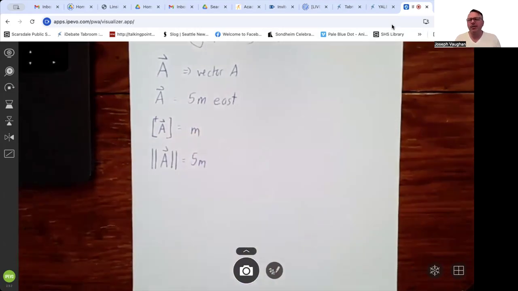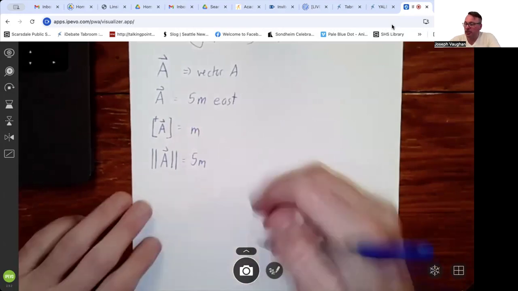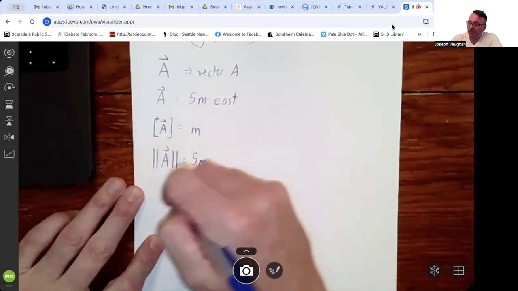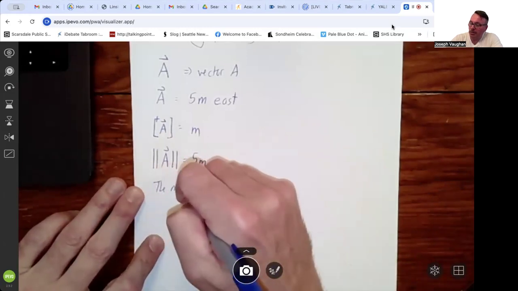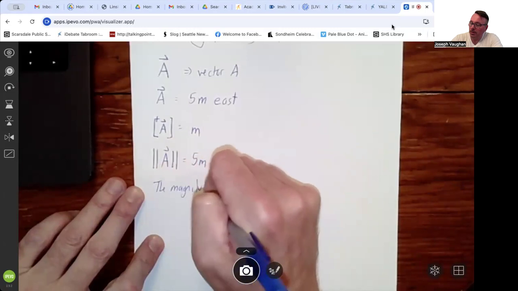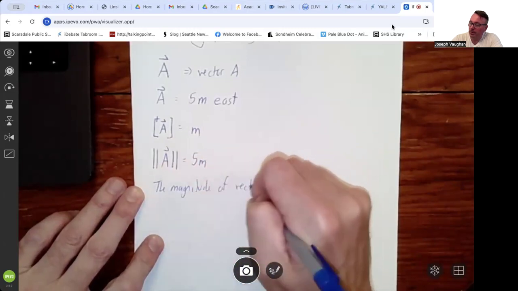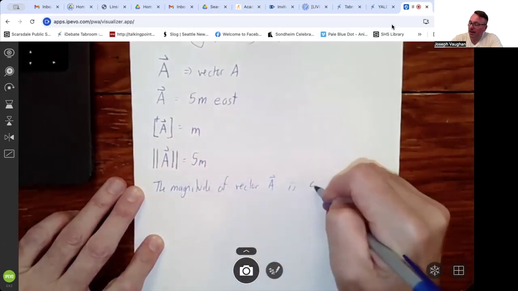Now, that looks very much like another symbol that you know, and that symbol that you may be thinking of is absolute value. There's a lot of connections between the concept of absolute value as well as the concept of magnitude. So let me just write this as a sentence. The magnitude of vector A is 5 meters.